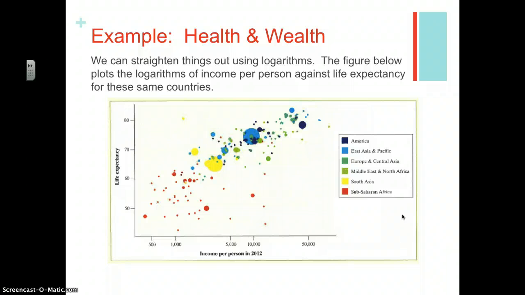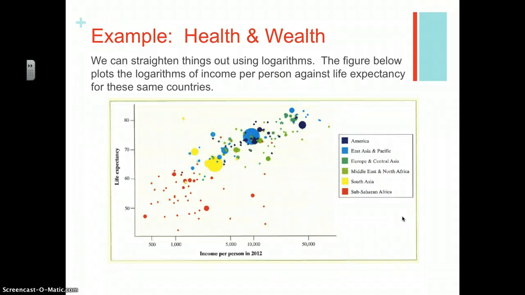The graph now has a much more clear and linear pattern. So from this scatter plot, we would be able to find a least squares regression line and then use it to predict or test certain claims about it.